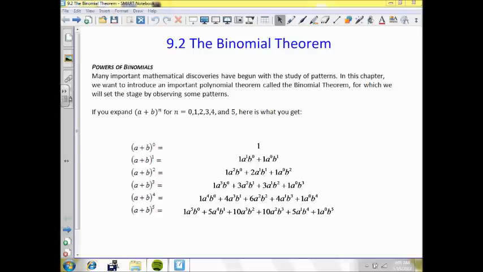A plus b to the fourth will be 1a to the fourth plus 4a to the third b plus 6a squared b squared plus 4ab to the third plus b to the fourth. A plus b to the fifth will be a to the fifth plus 5a to the fourth b plus 10a to the third b squared plus 10a squared b to the third plus 5ab to the fourth plus b to the fifth. It's going to keep going on and on like that.